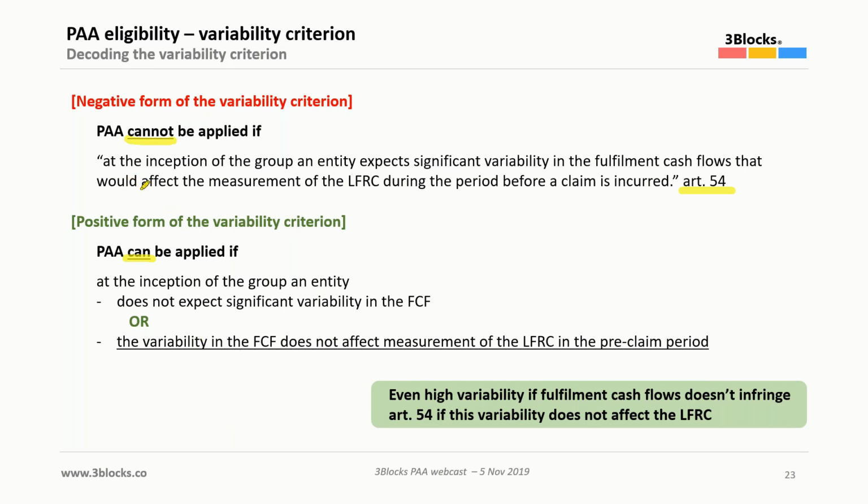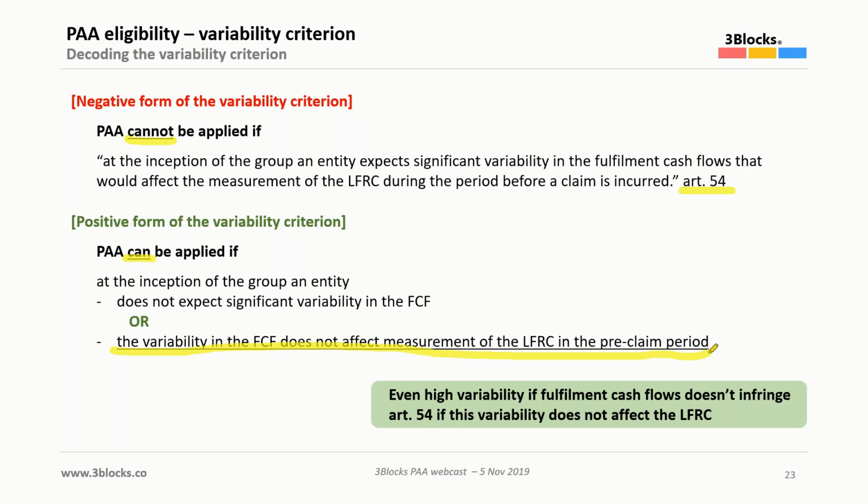So when we are looking at this criterion in negative form, it seems that variability is central for this assessment. However, if we look at it rephrased in positive form, we can see that even if we have significant variability in fulfillment cash flows, the criterion still can be met if the LRFC is not affected in the pre-claim period.